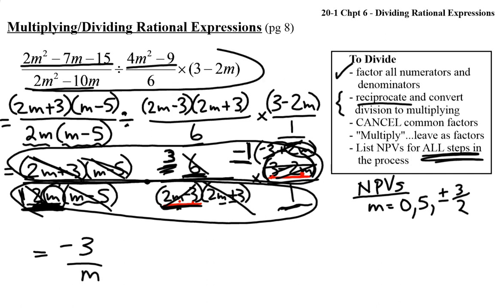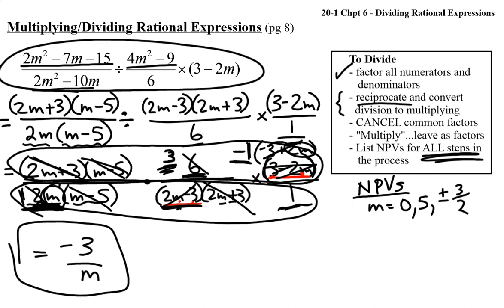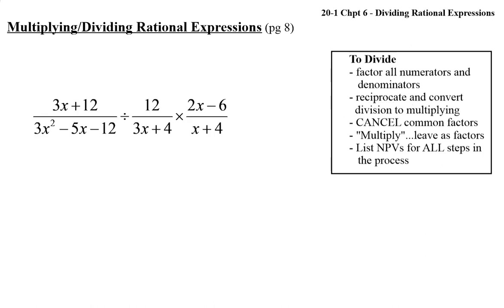So the answer to our question is negative 3m as long as m does not equal 0, 5, or positive or negative 3 halves. Lots of little steps, factoring, canceling, and being careful. That's what this is all about.